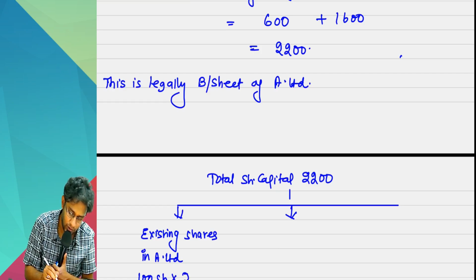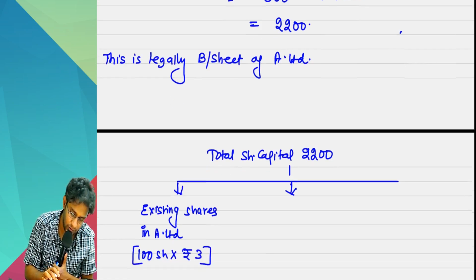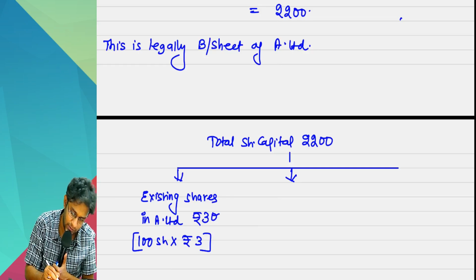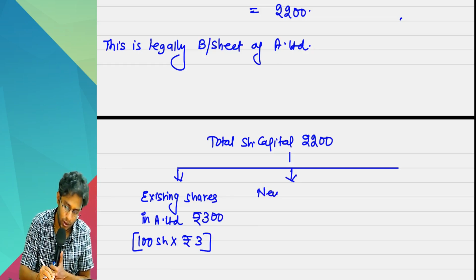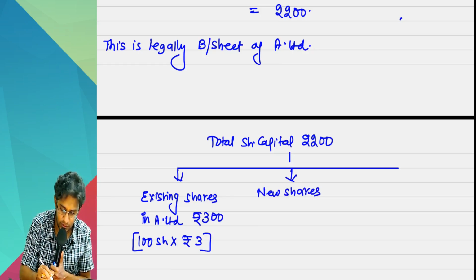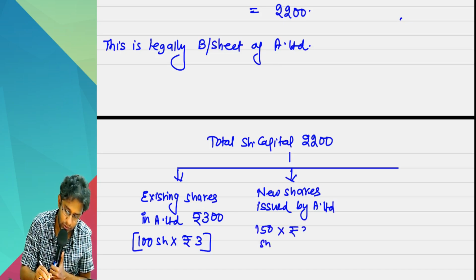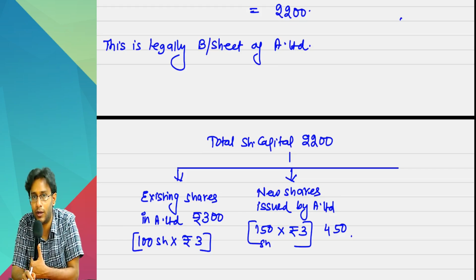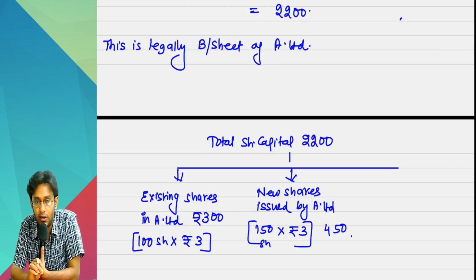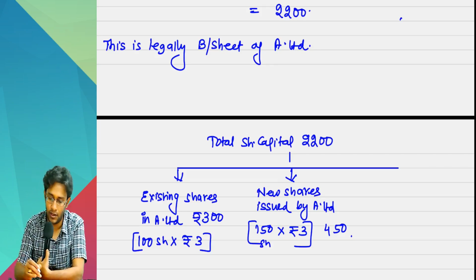What is the face value there? I guess 3 rupees. So that is 300. 300 explained. Okay. New shares issued now. Actually, how many shares did I issue? 150. 150 shares into 3 rupees is 450. So out of 2200, you can explain 300 plus 450, 750, as shares of A Limited.